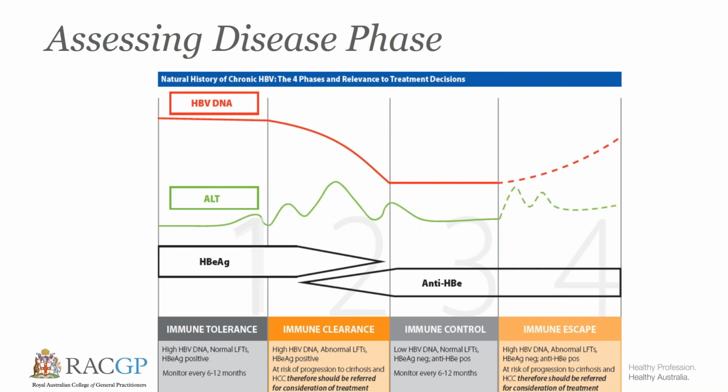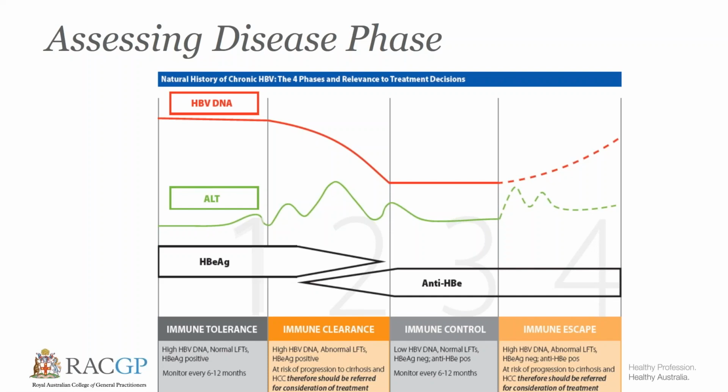So the first phase is immune tolerance, where early in the infection there's high levels of circulating virus, but the liver is not impaired, and the person still has the E antigen as well.